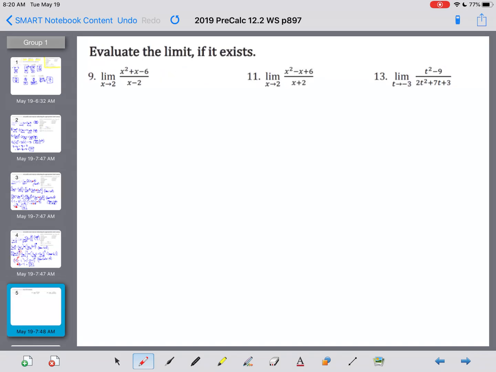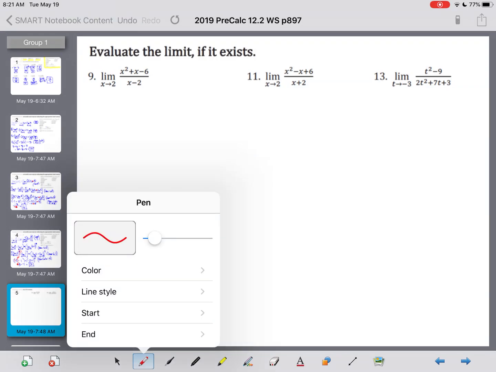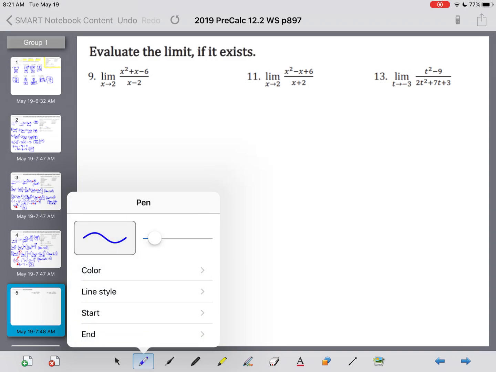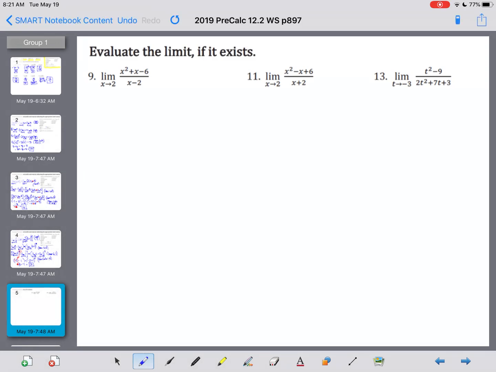Okay, moving on here. Evaluate the limit here. We do not have to give the steps. This one, we have to be careful. We try to do our friendly factoring first. So this can be written as x minus 2, x plus 3 in the top.